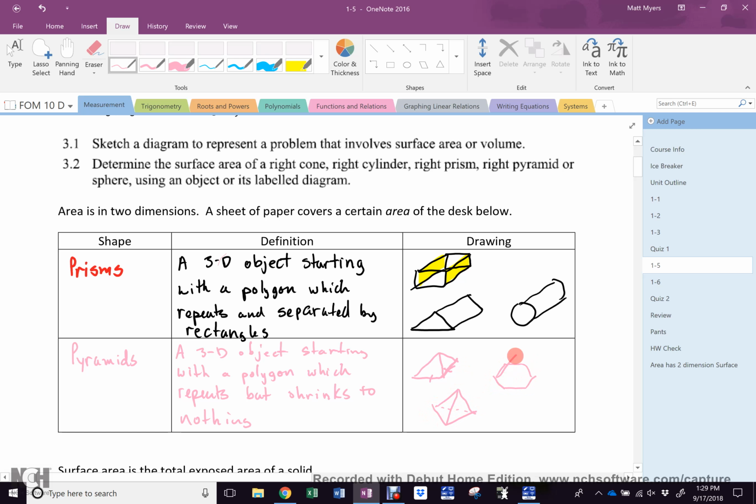It would just shrink and we'd go up to a hexagon. Can I start with a circle? And what would I go up to? It would shrink and make a cone. Everybody understand?